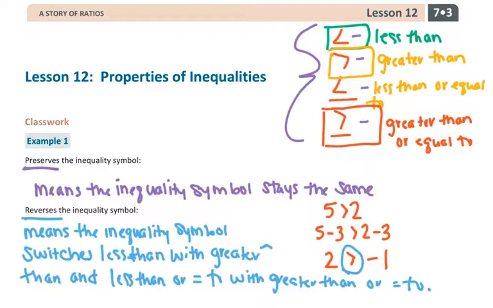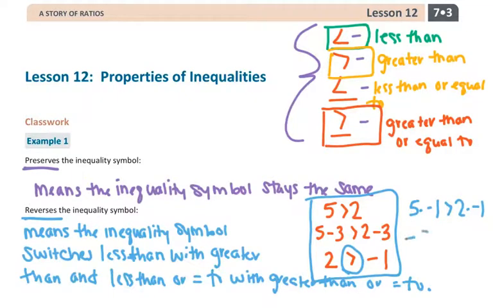So for example, with the inequality we just went over, let's say instead we multiplied both sides by negative 1. So 5 multiplied by negative 1 is negative 5, and 2 multiplied by negative 1 is negative 2, and we're saying that negative 5 is greater than negative 2.